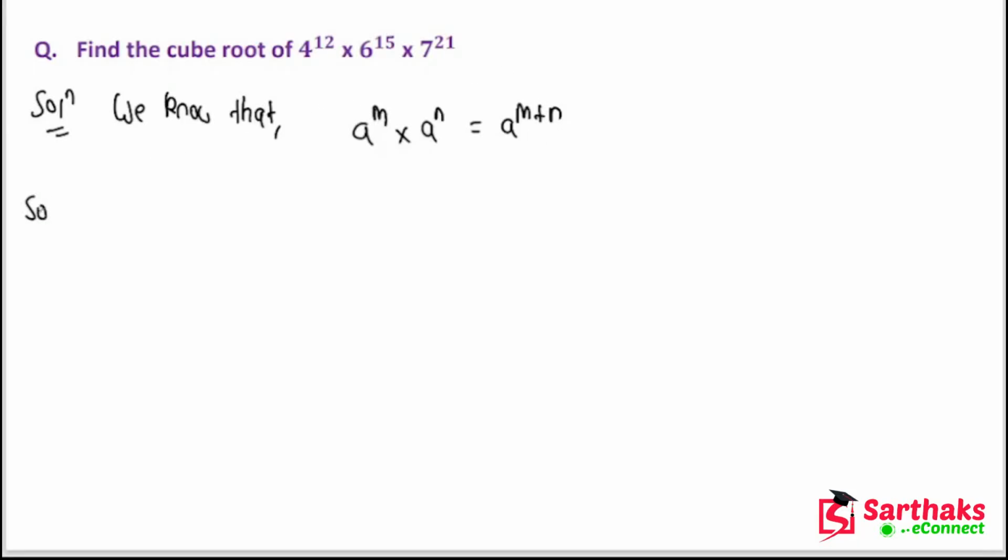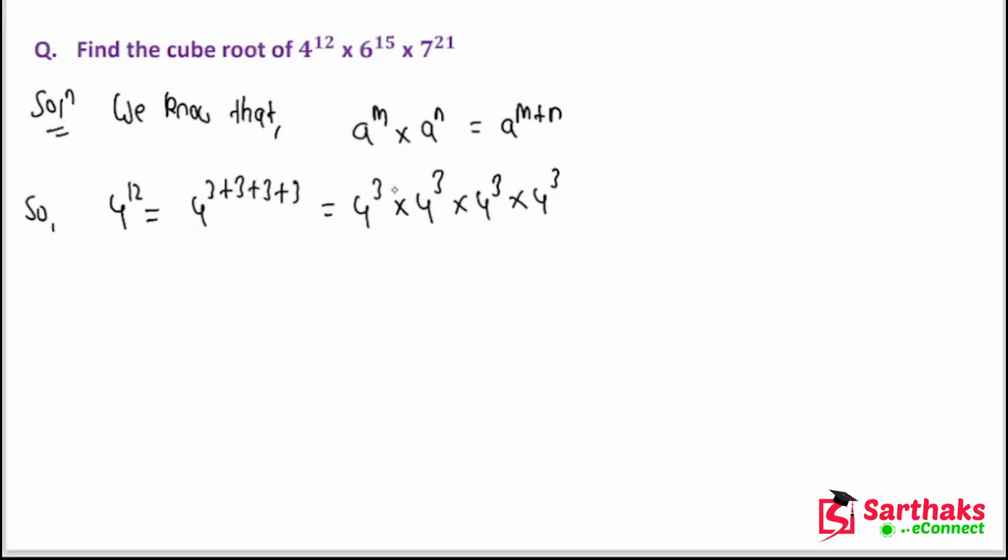Okay, so 4 to the power 12 can be written as 4 to the power 3 plus 3 plus 3 plus 3. Okay, you can write 12 like this. Okay, so you will make this. Now you can clearly see you have made a triplet. Okay, there are 4 factors, but each is a triplet.